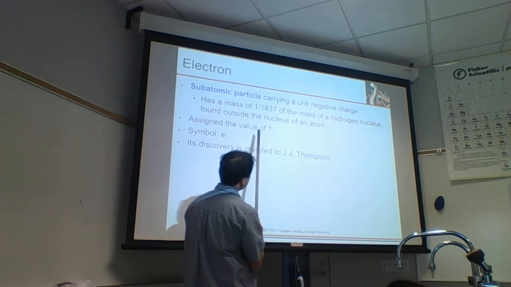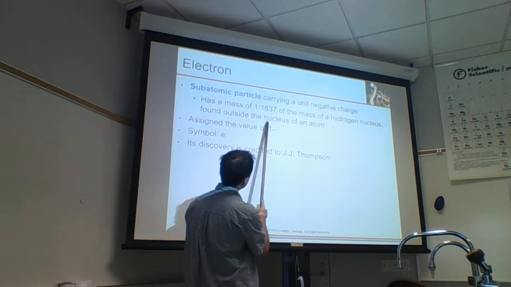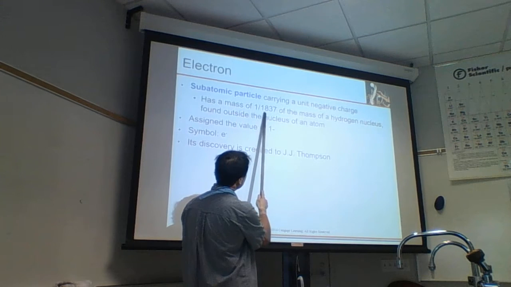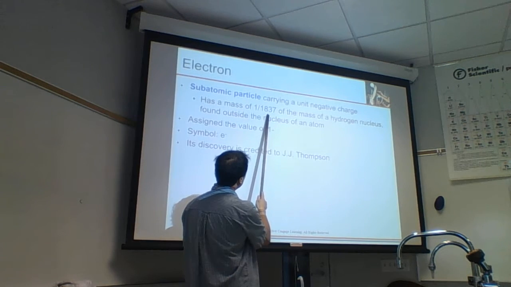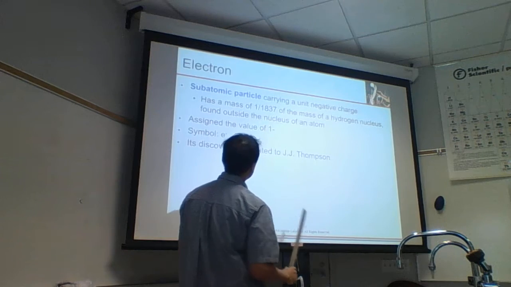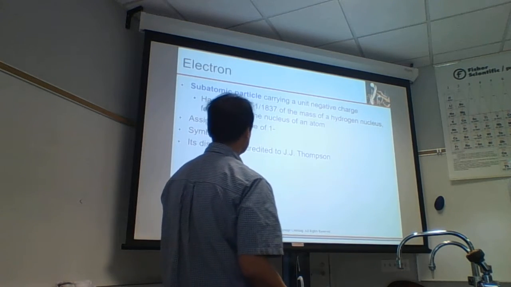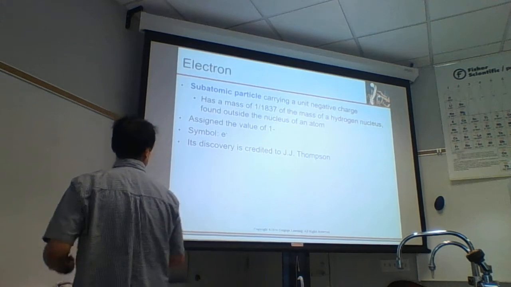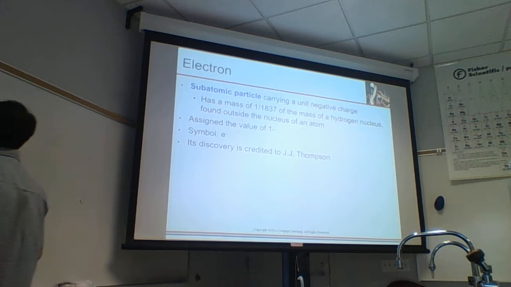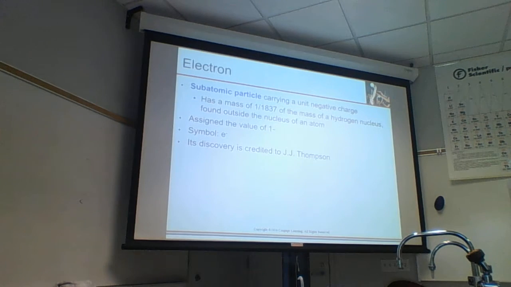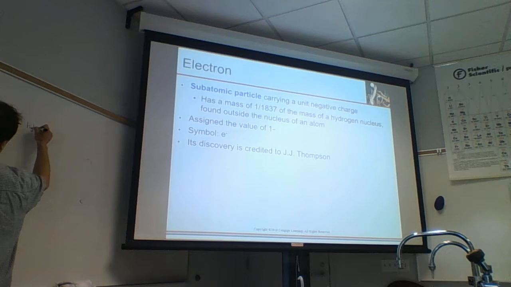But it turns out, once it was discovered, they determined the charge and the mass. The mass of this is very small. The mass of the electron is 1 over 1837 times the mass of the nucleus. In other words, what we say is that the mass of the electron is about 2,000 times lighter than the proton.